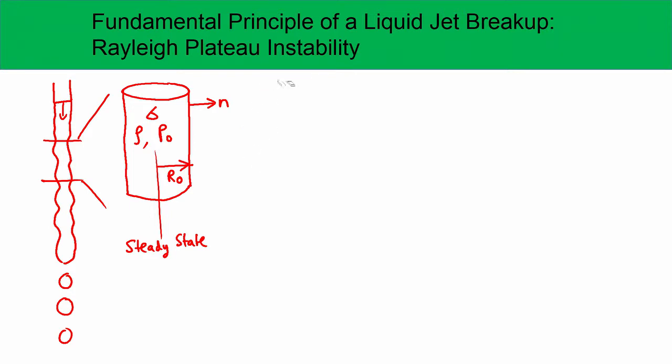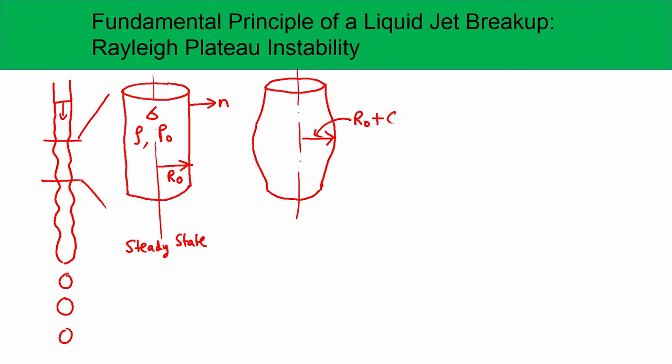A small perturbation. Of course this is a cylinder, and this perturbed state has radius R0 plus epsilon.